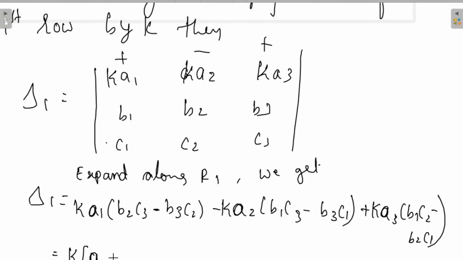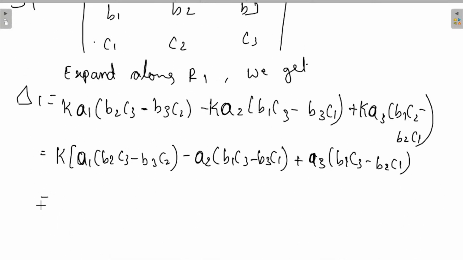If I take k as a constant, I get a1 (b2 c3 minus b3 c2) minus, here will be a2, so that will be (b1 c3 minus b3 c1), here plus a3 will be what? (b1 c3 minus b2 c1). The complete value is delta.